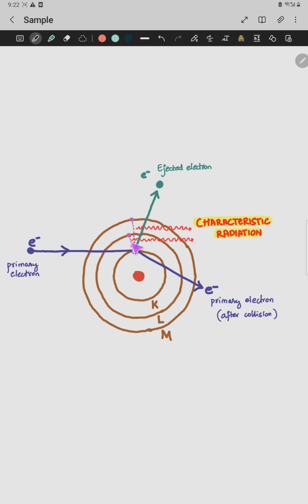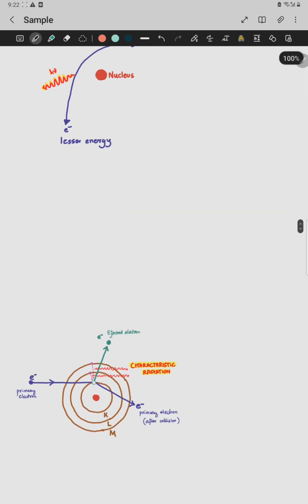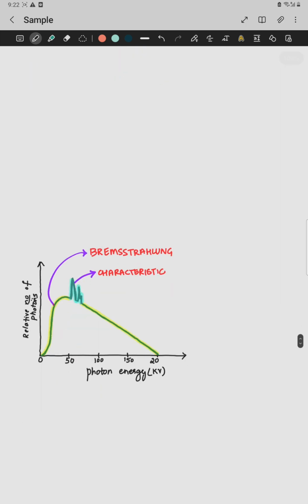This is filled by either the L or M shell. If it falls from L, it is the characteristic radiation of that shell, and if it falls from here, it will be the characteristic radiation of this shell. We can calculate the energies because the difference will be the difference in the binding energies. So that is a little bit of how it's being produced.